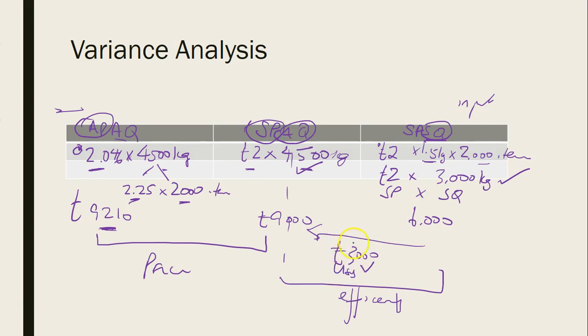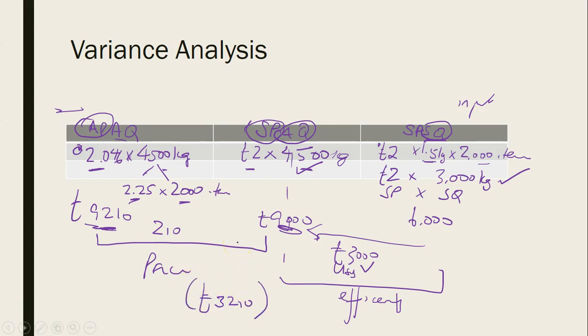So 3,000 negative, so to speak. And this is even worse by another 210, because it's gone from 9,000 to 9,210. So your total variance is the 3,000 negative plus the 210 even more negative. So you have 3,210 overall, which is your material cost variance. Negative, right? This is all negative.